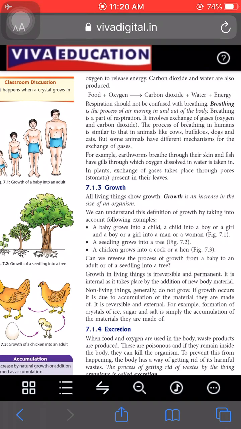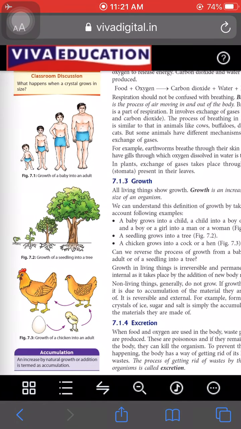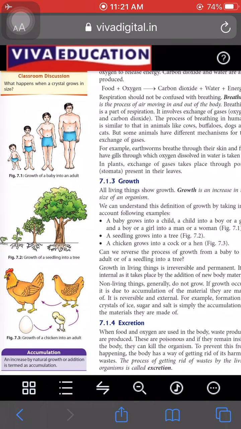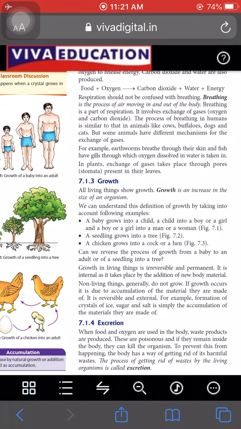The third characteristic is growth. All living things show growth. Growth means increase in the height or size of any organism. For example, in a human being, firstly a baby is born, then the height increases and becomes a boy or girl, then an adult, a man or woman.